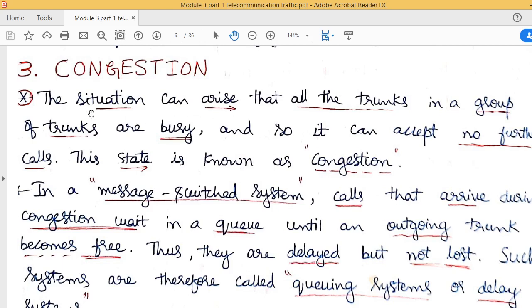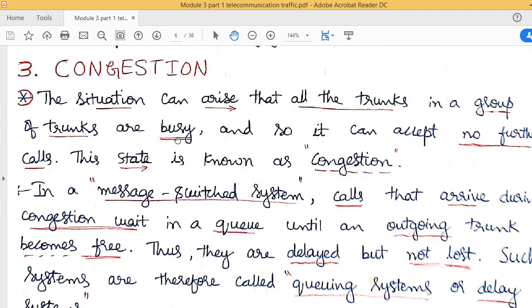Please note that a situation arises where all the trunks in a group are busy, and generally we may observe this type of situation during busy hour only, because during other times we are supported with a good number of trunks, or the number of calls in progress is very low, but the number of calls is maximum during busy hour.